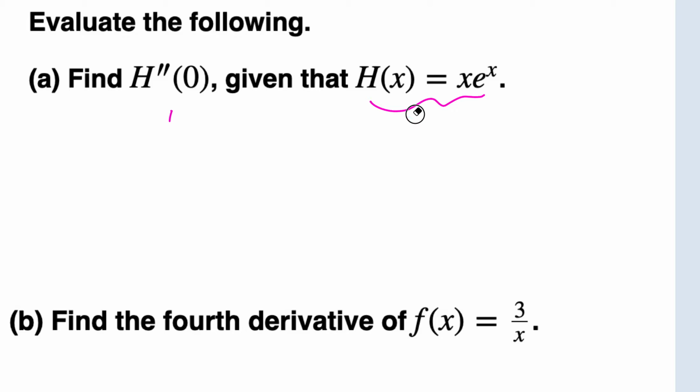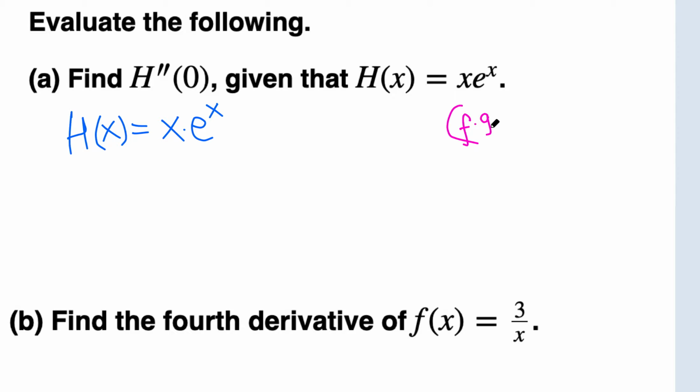So let's find the second derivative of this product. Here h is x times e raised to x. So it's a product, and when we find its derivative, we must use the product rule, which is when we have f times g, its derivative is f prime times g plus g prime times f.